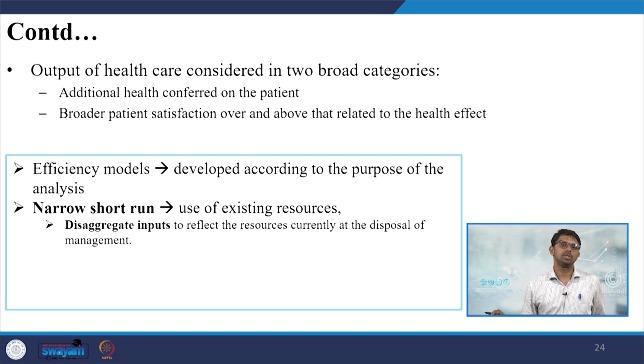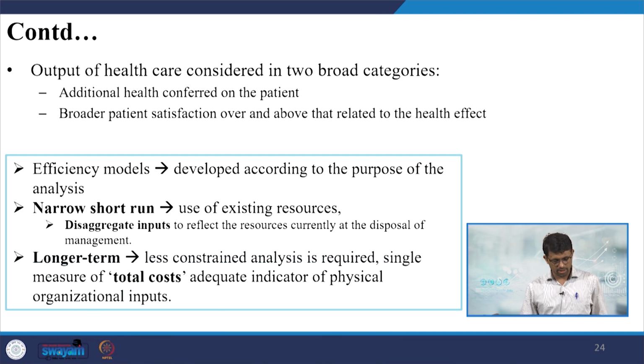In the short run, we disaggregate inputs to reflect the resources currently at the disposal of the management, whatever is available. Whereas in long run cases, that is less constrained analysis, a single measure of total cost is an adequate indicator of physical and organizational inputs, etc.